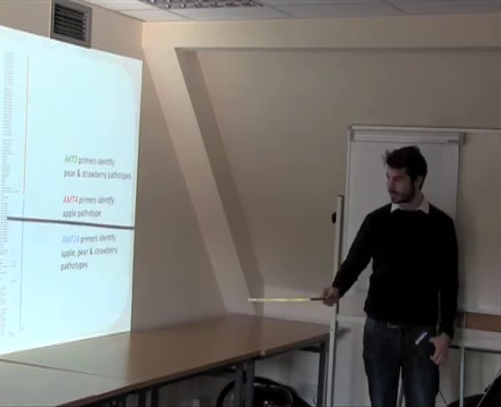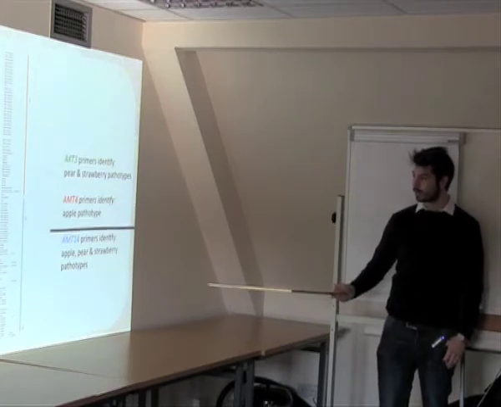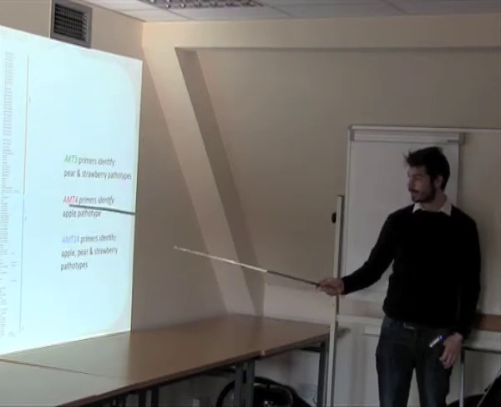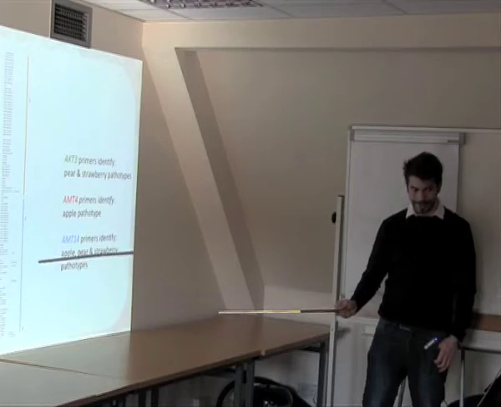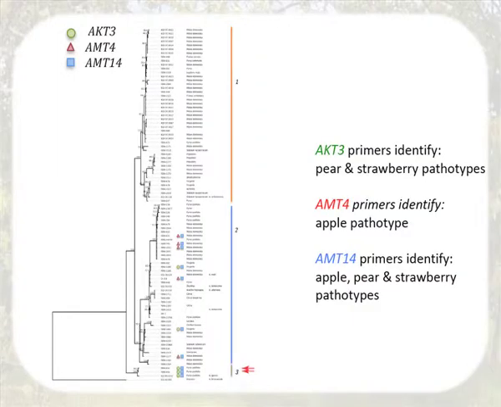And within phylogenetic lineage 2, we are able to observe presence of the apple pathotype AMT14, as well as its homolog and AMT4. Interestingly as well, we found that 2 isolates from strawberry also tested positive for AKT3 and AMT14.